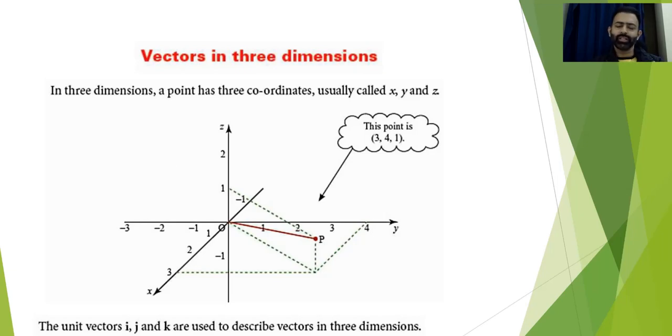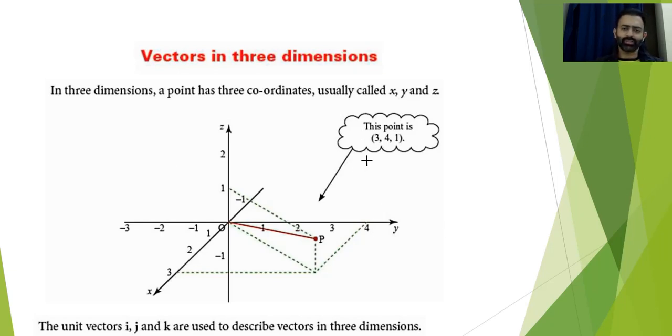So extending this concept to 3 dimensions, the new topic for this class is vectors in 3 dimensions, and the unit vector along the third direction, the z direction, is denoted by k cap. Now we can represent any point in a 3-dimensional space using a vector. So the position vector will be of the type x i cap plus y j cap plus z k cap.